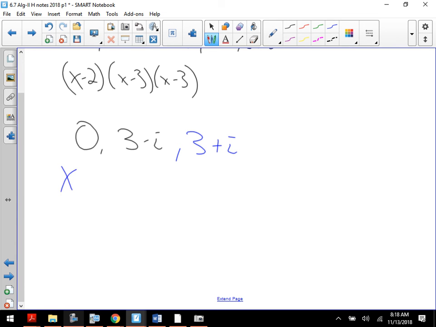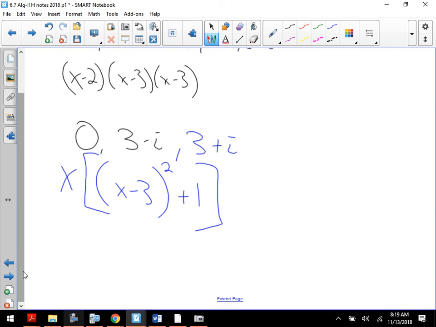This one's easy. The other one, you remember the pattern. It's always going to be x minus whatever the value is here, quantity squared, plus 1. Always going to work. Now, you have to remember that means x minus 3 times x minus 3.